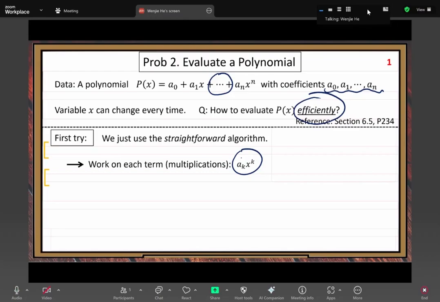Otherwise, alarm clock. Timer. 43 minutes remaining.